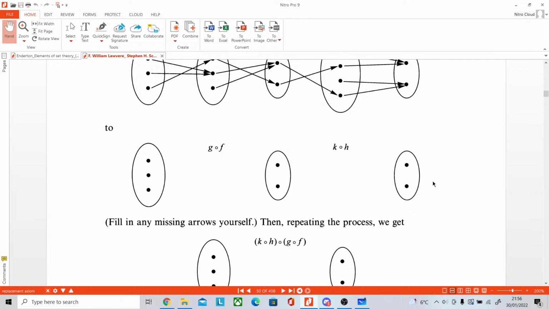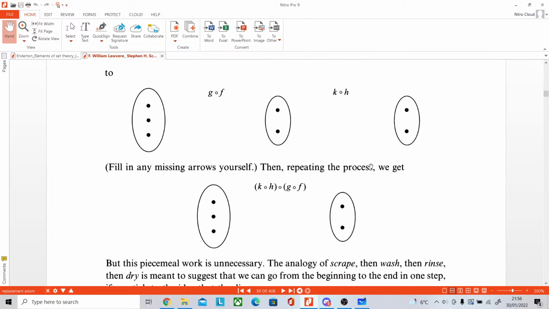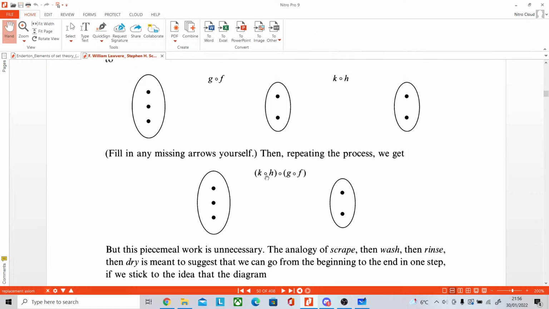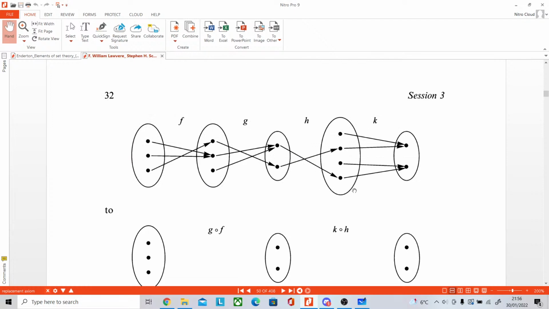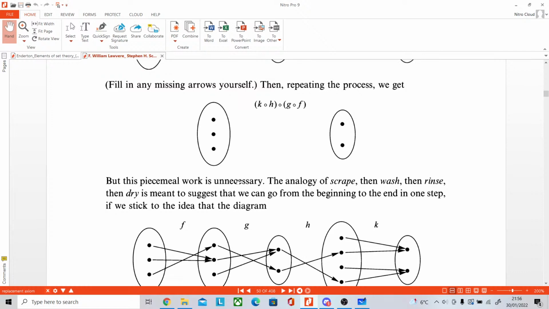So you're doing another layer of composition with the already composed functions. And then you get this. But you can certainly do it in a different way. This is grouping K and H and G and F together, but you can group them in different ways, but the process will still be the same.